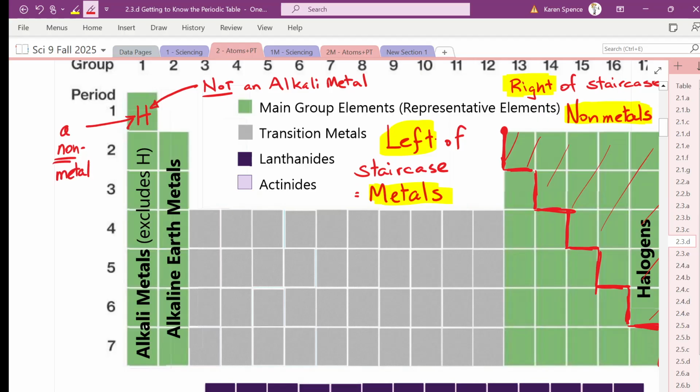So even though it's to the left of the staircase, it is a non-metal. So it's bizarre. It's its own little group. Hydrogen does its own little thing, and we'll find out why it's kind of off by itself doing its own little thing when we look at its Bohr model and how it bonds, sticks together with other atoms.